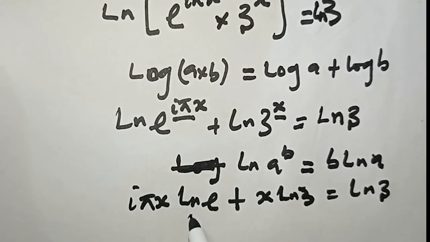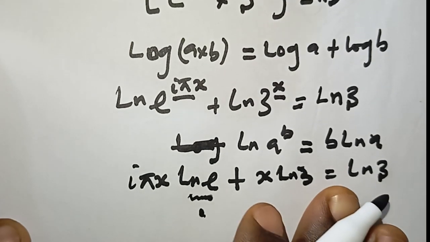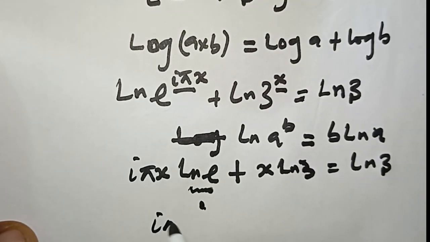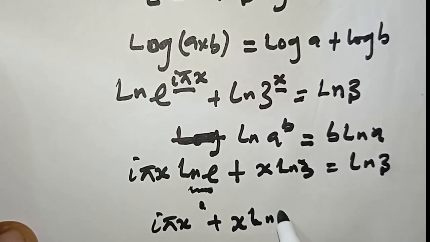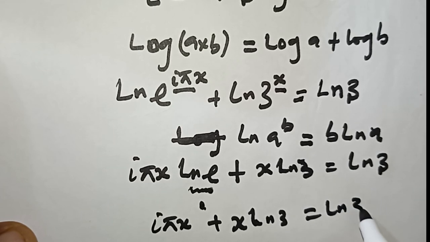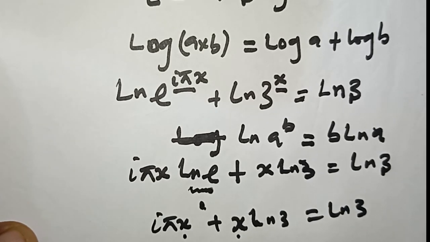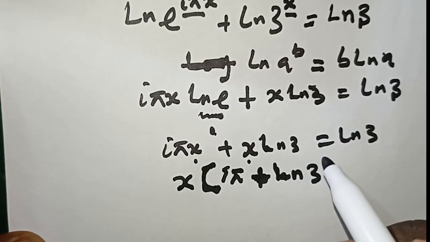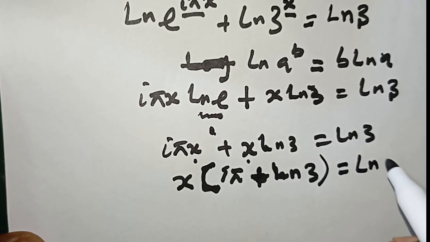Moving on, the natural log of e is equal to 1. So that 1 multiplied by i pi x gives i pi x, plus x natural log of 3 is equal to natural log of 3. Because we are looking for this x, I'm going to factor it out, and when I do that, I will have x times (i pi plus the natural log of 3), and this will be equal to the natural log of 3.